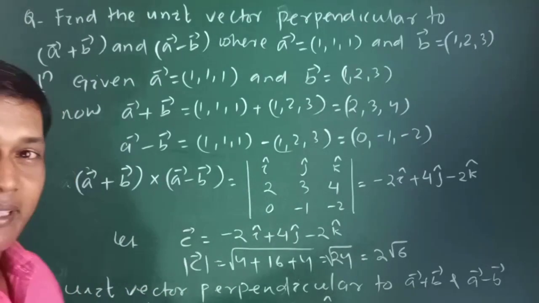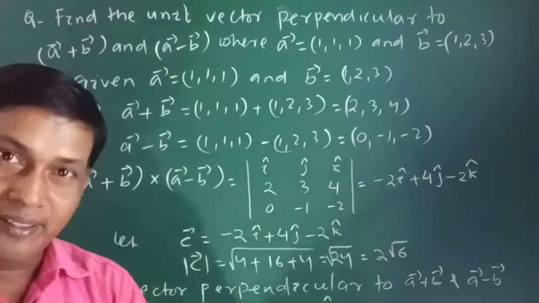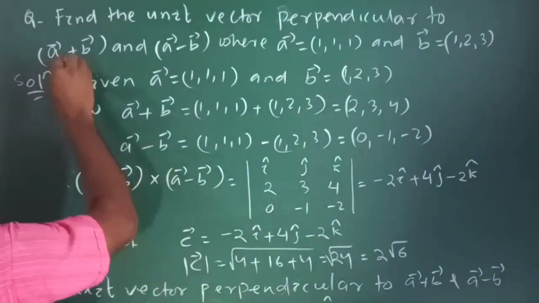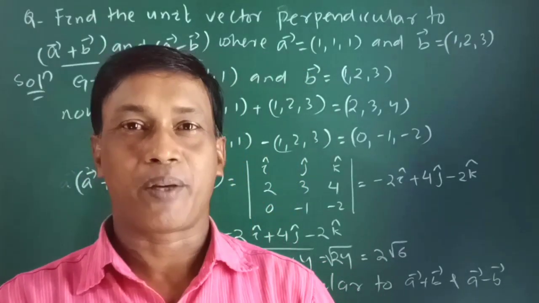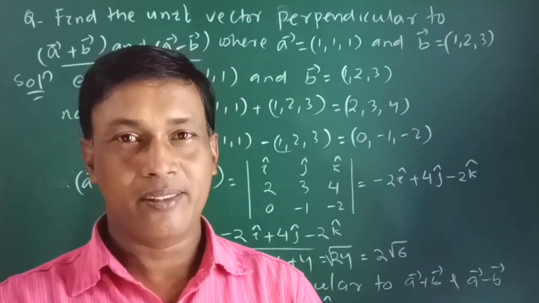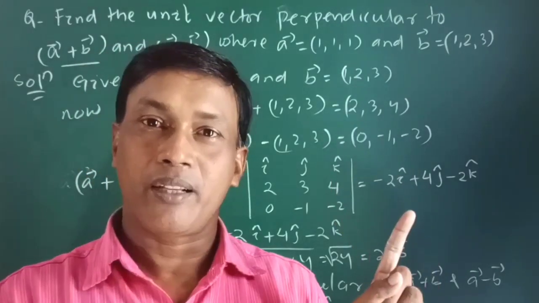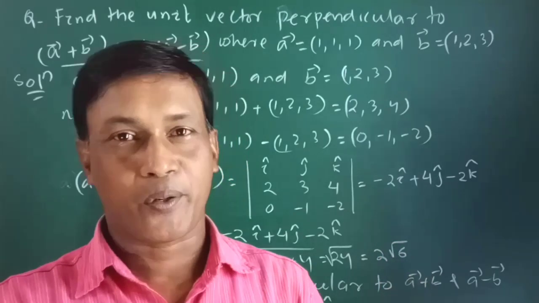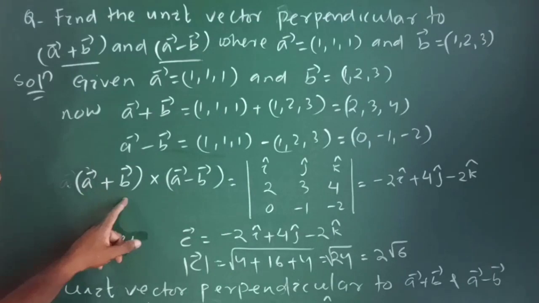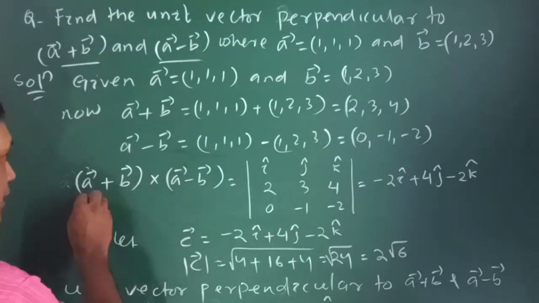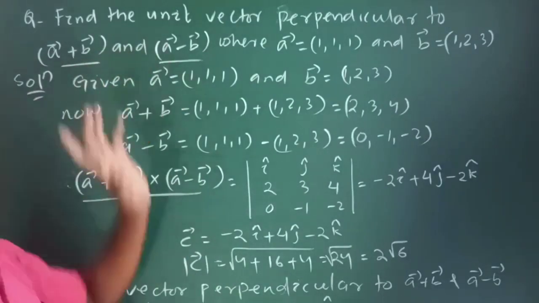You want to find unit vector perpendicular to these two vectors, but a vector perpendicular to these two vectors, I have already said a vector perpendicular to A and B is A cross B. So a vector perpendicular to A plus B and A minus B is the cross product of these two vectors. That means A plus B cross A minus B.